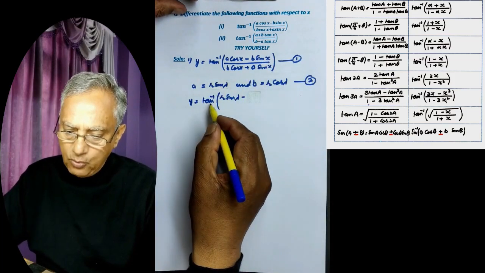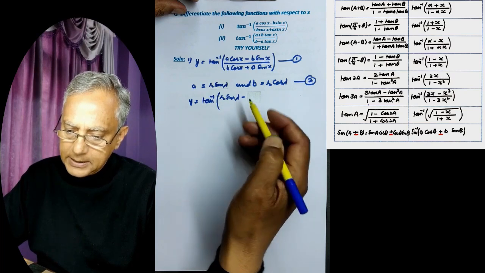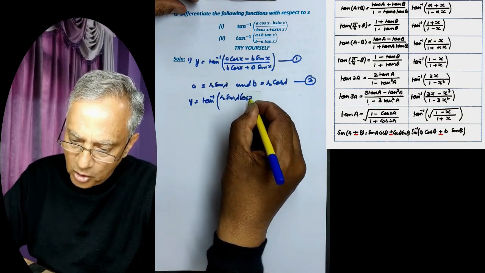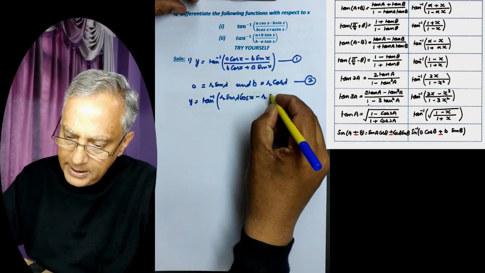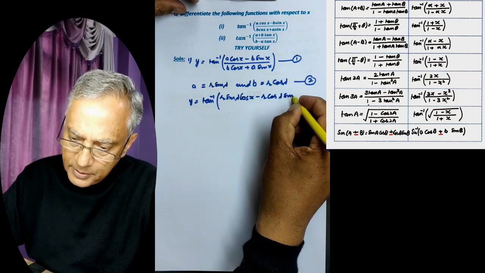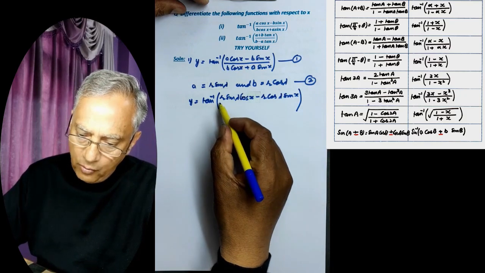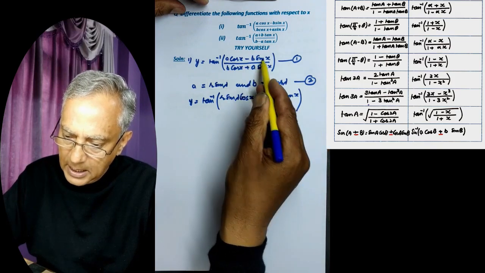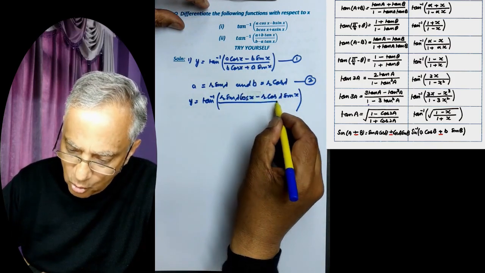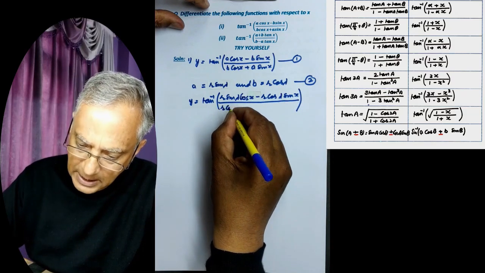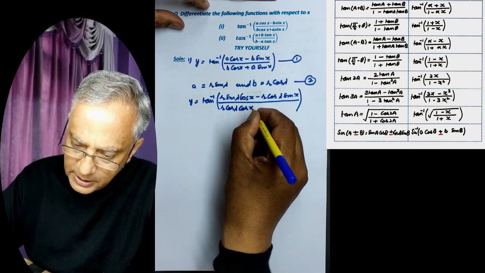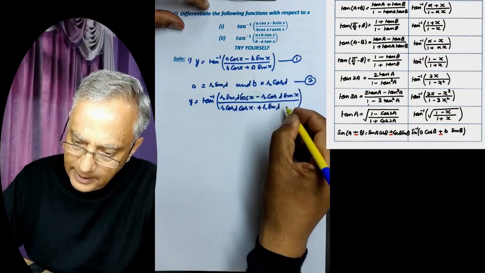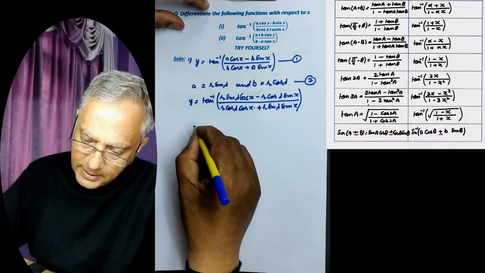Now substituting in one, we get y is equal to tan inverse of, a is r sin lambda, so r sin lambda cos x, minus b is r cos lambda sin x, whole divided by b is r cos lambda into cos x plus a is r sin lambda into sin x.